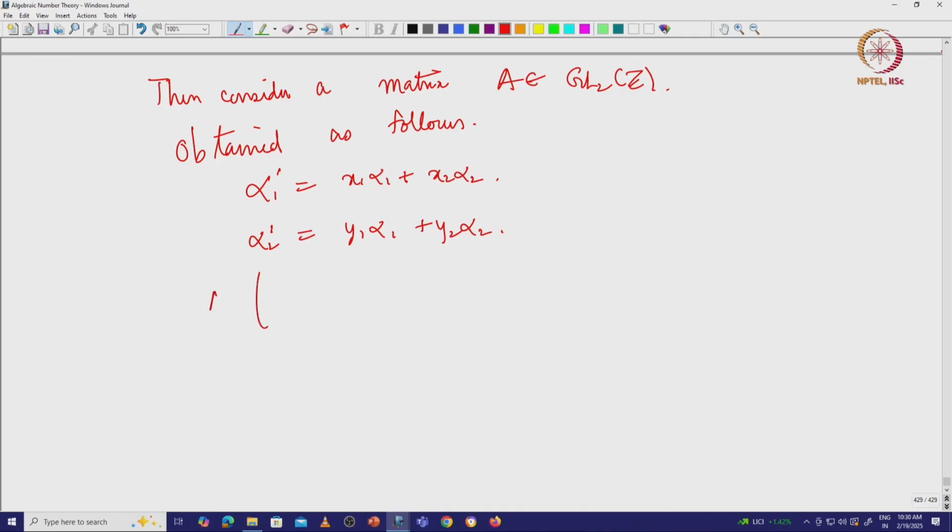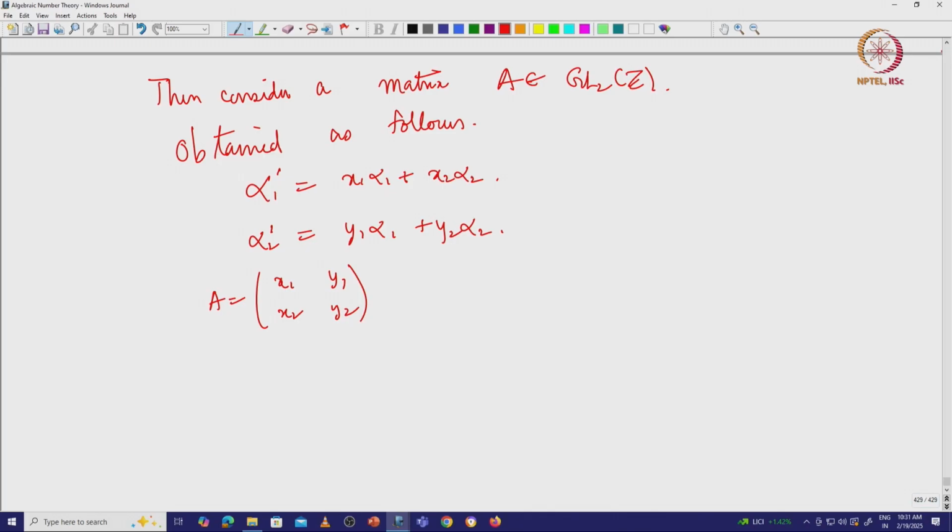Then you write A to be the matrix with rows x1, x2 and y1, y2. So, this is the change of basis matrix from alpha 1, alpha 2 to alpha 1 prime, alpha 2 prime.